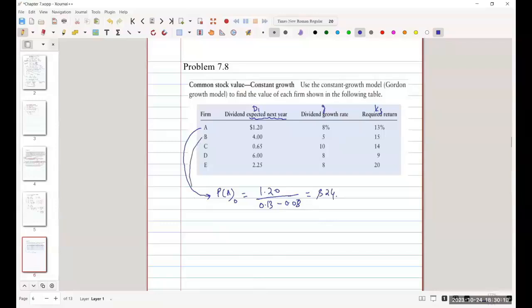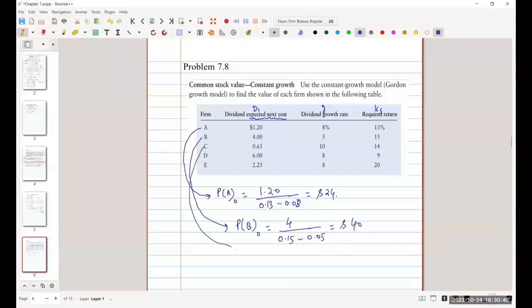Likewise, the price of B at time 0 is the dividend expected next year, 4, divided by the required return of 15% minus the expected growth rate of 5%. So 4 divided by 0.1 is straightforward, 40.